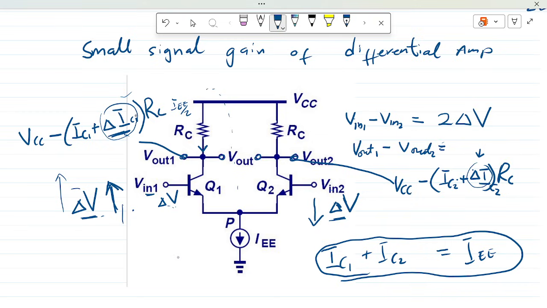Okay, so now we can get the small signal output from the changes here. What we recall from the common emitter stage is that once the input goes up, the output should go down. So with that in mind, we can easily tell that if the input went up by delta, then the small signal output is going to go down by this relation here.